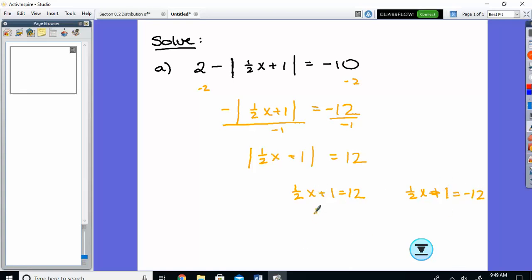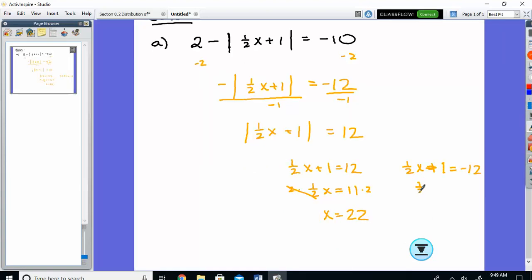So if I subtract 1, then to get rid of my 1/2, we could divide by 1/2 or multiply by 2, so I get x equals 22. And x equals -26.